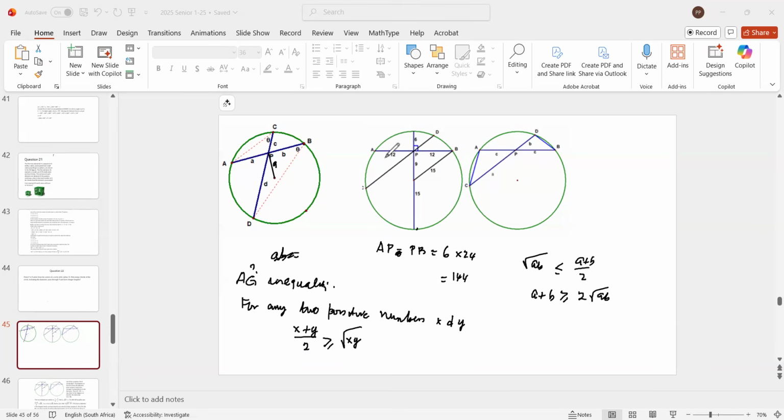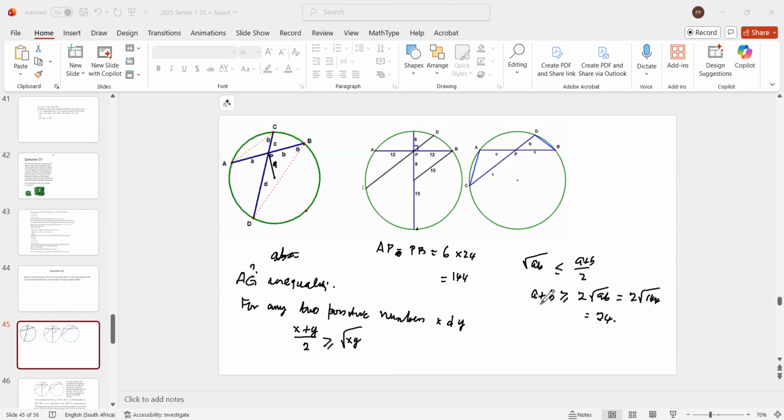But AB is equal to the product for any chord that goes through this point, and we saw that the one through the diameter from P has 6 times 24. So this is 2 times the square root of 144. That's 24, and that's 12 plus 12.